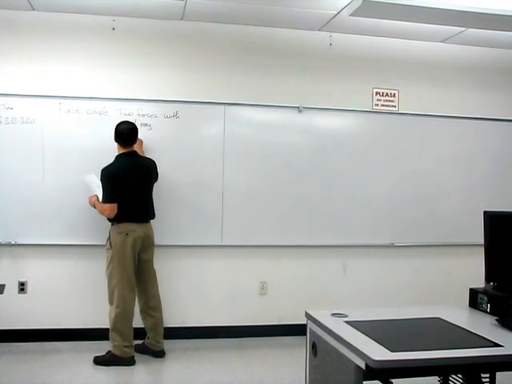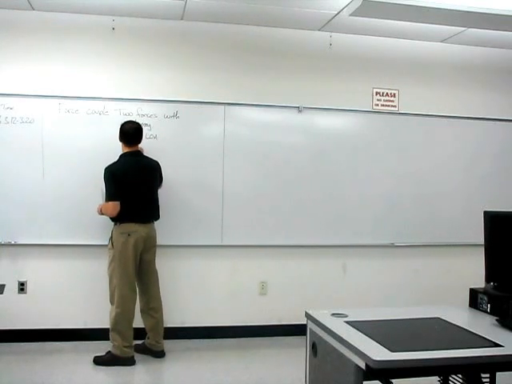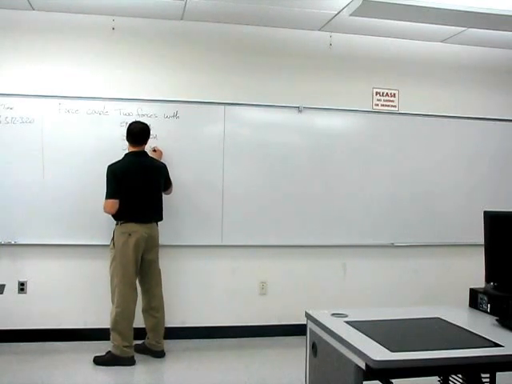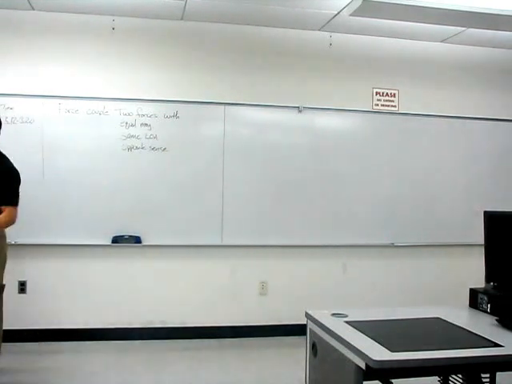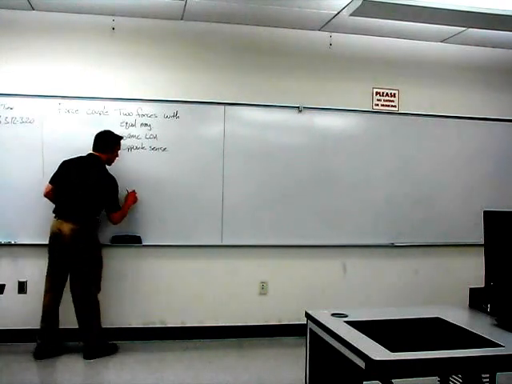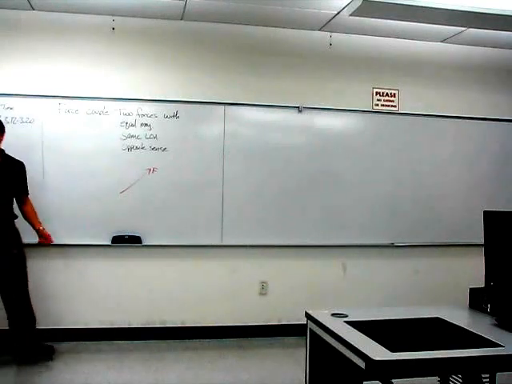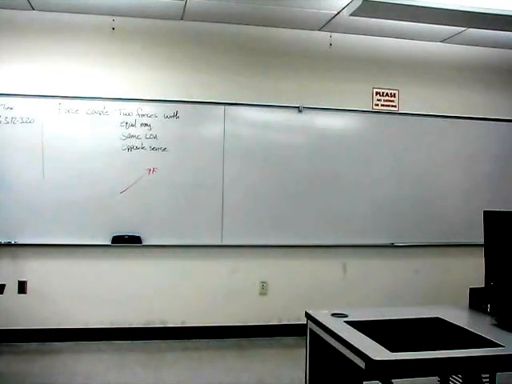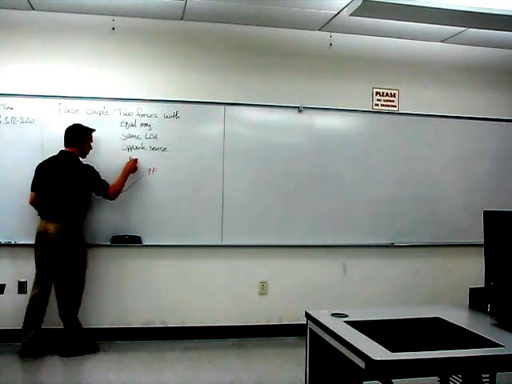So if we were to draw a force couple, it might look something like this. Let's say this would be the force F heading up and to the right. We'll need a second force, equal magnitude, parallel line of action.